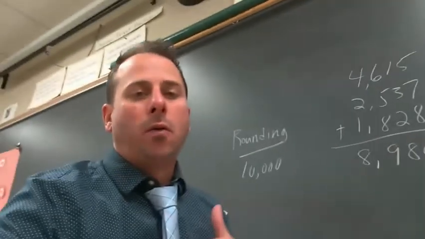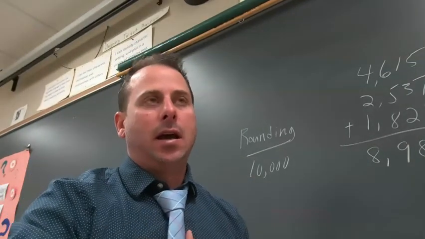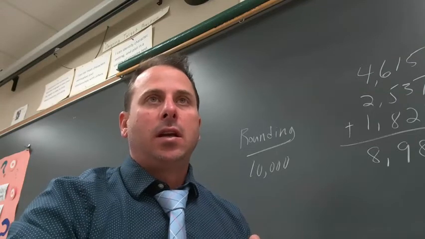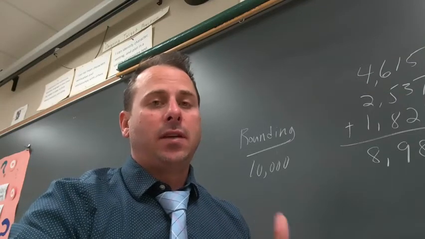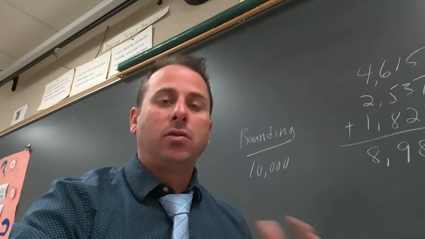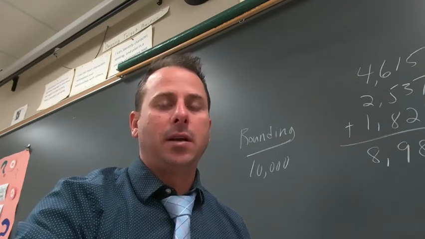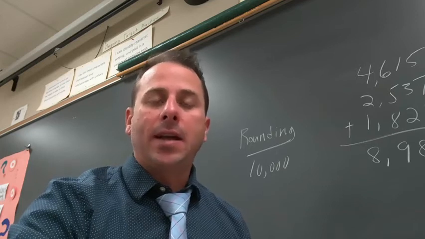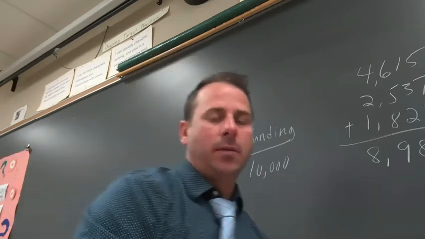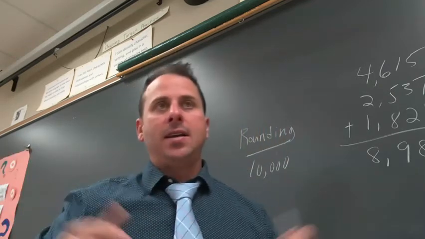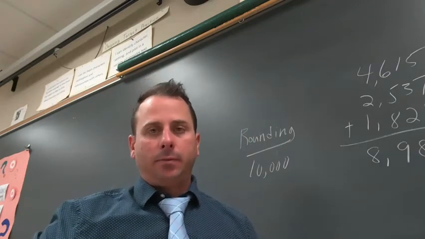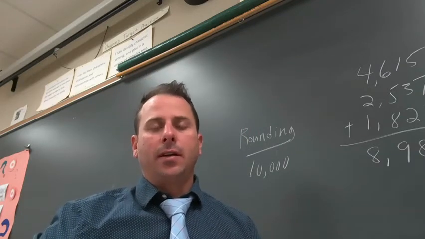So what we're looking for, students, in your work is following the directions. If the question is asking you to use front-end estimation with adjustment, make sure that you apply that strategy. And if the question simply asks you to find a method to estimate an answer, then you could use rounding.